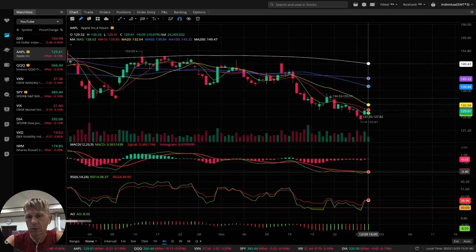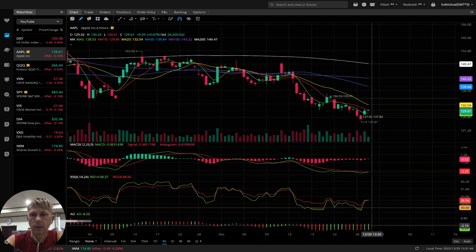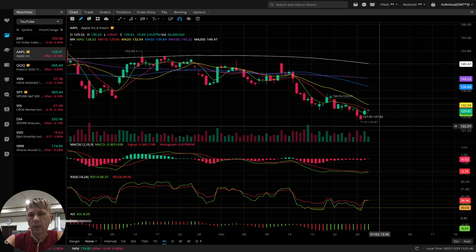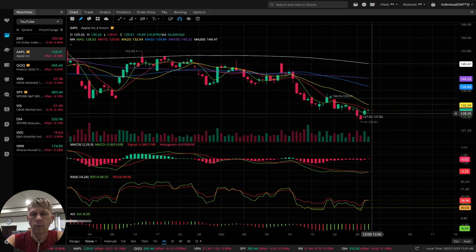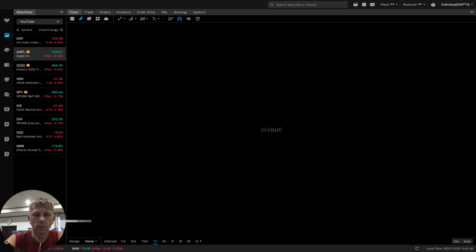MACD is ready for bullish crossover, RSI is ready for bullish crossover, and awesome oscillator is already bullish. It's very far below all moving averages except 5. Ready for a bullish trend.